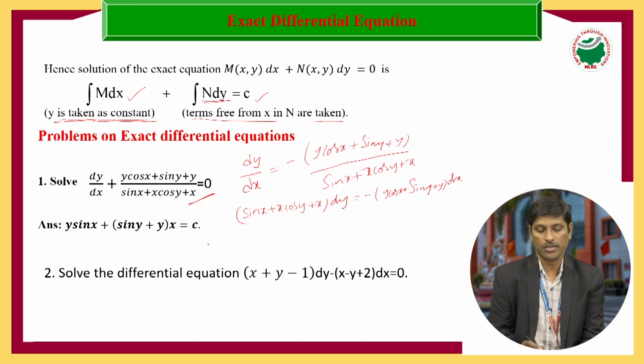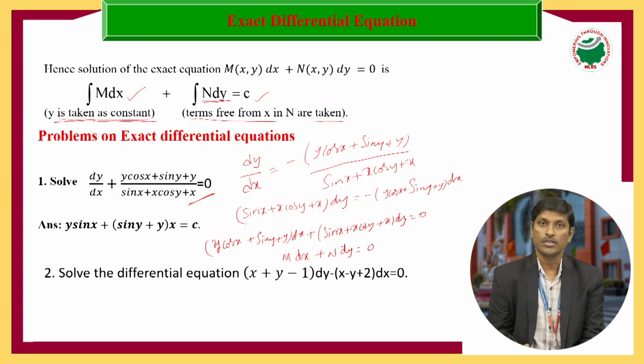There it is minus; when it comes to this side, it changes to plus. So (y cos x + sin y + y) dx + (sin x + x cos y + x) dy is equal to 0. Now if you see that, is this in the form of M dx plus N dy or not? So this is M dx plus N dy equal to 0.